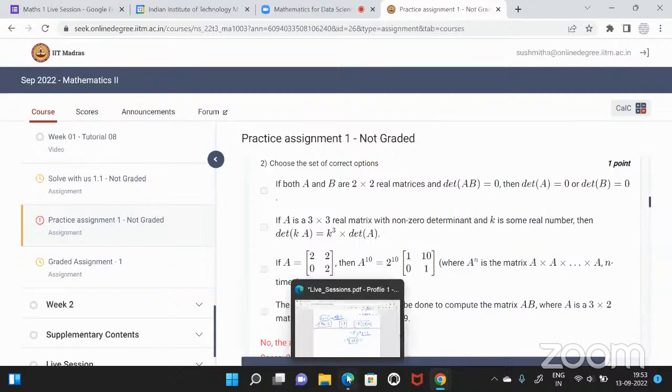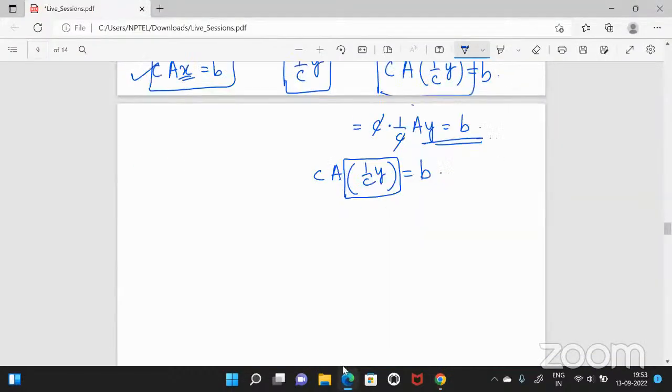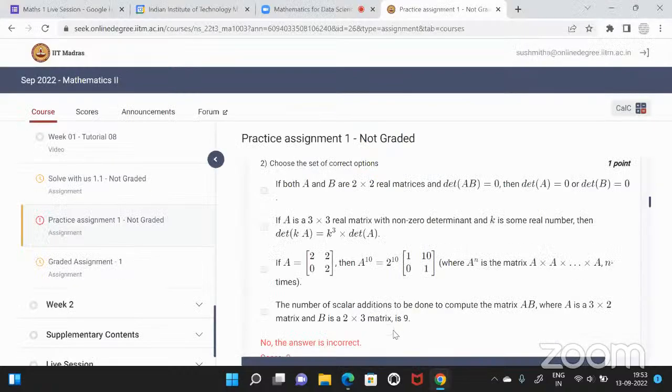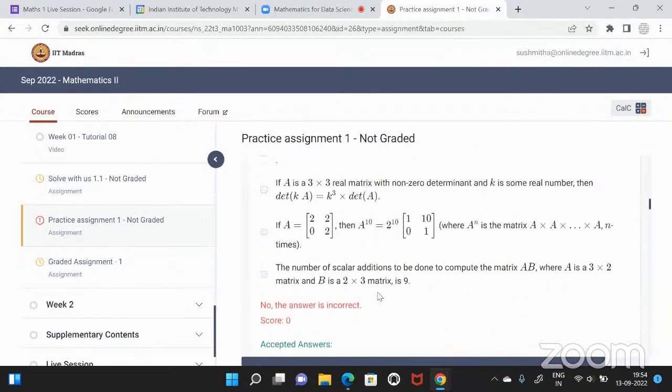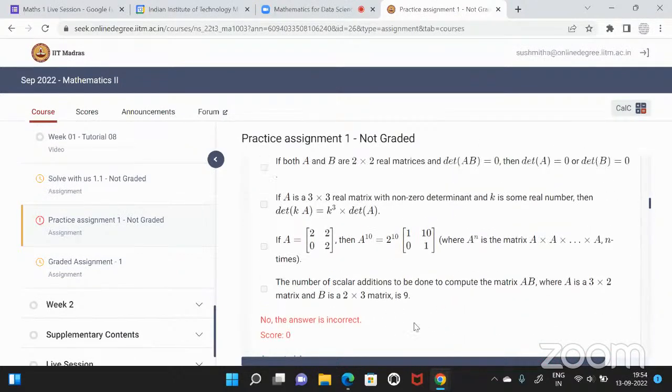And I marked the fourth option also. So one of my options is incorrect and one is left out. I think all the options are correct, right? The number of scalar additions to be done to compute the matrix where A is equal to and B is equal to. All are correct, okay? Yes. Please explain the third option.